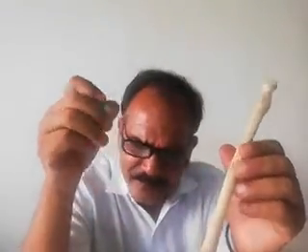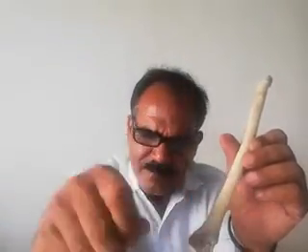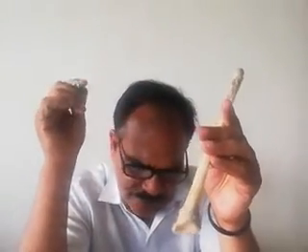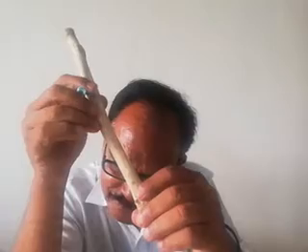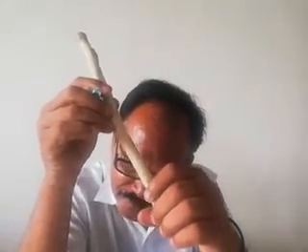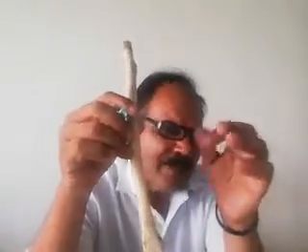Then through the grooves, the tendons of the extensor muscles pass in between the grooves on the posterior aspect of the lower end. So this is all about the muscular and ligamental attachment of the radius.